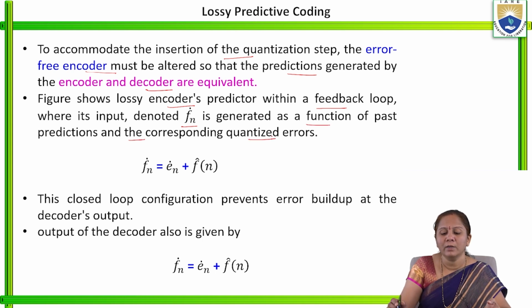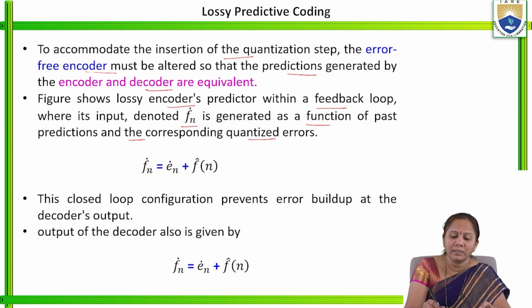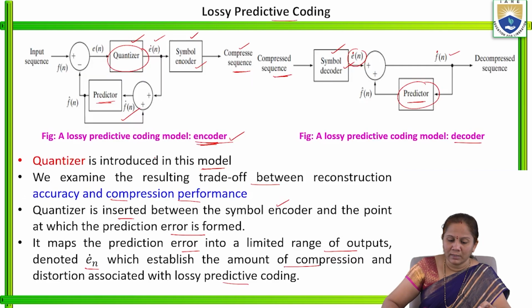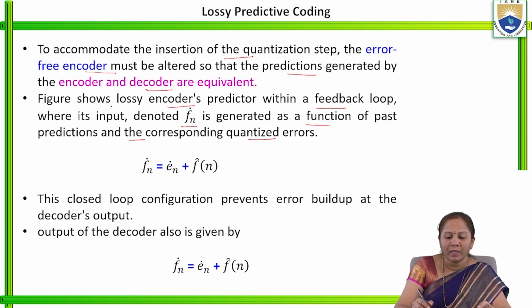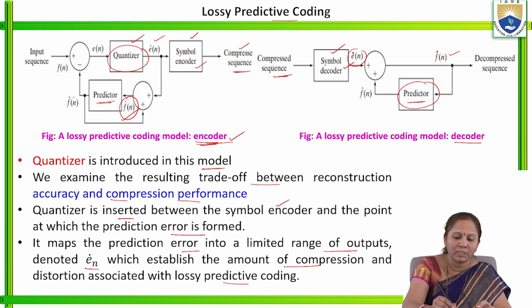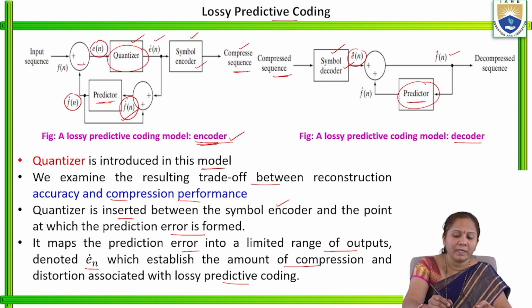Its input is denoted as f n dot, and it is generated as a function of past predictions and the corresponding quantized errors. So if we see the encoder part, f n dot is equal to e n dot plus f cap of n. So this is f cap of n and this is e n dot, and here minus is there.